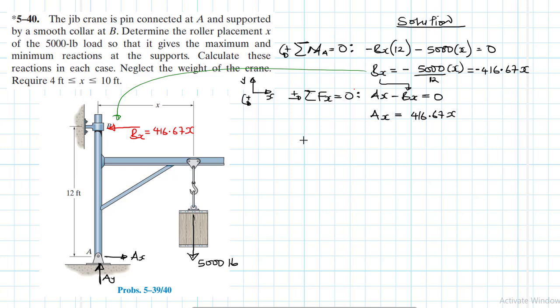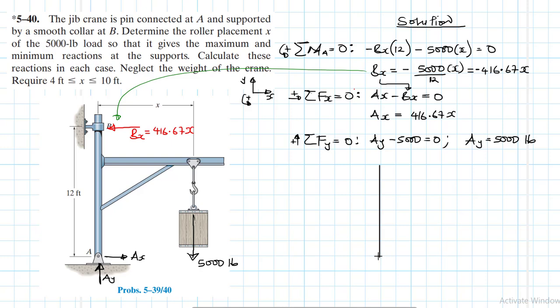Then let's find the summation of forces in the y direction. We have AY minus 5,000 equal to 0, and our AY is just a constant, which is 5,000 pounds. Now we've been given this domain of X, so we're going to show the maximum and the minimum by doing some plots.